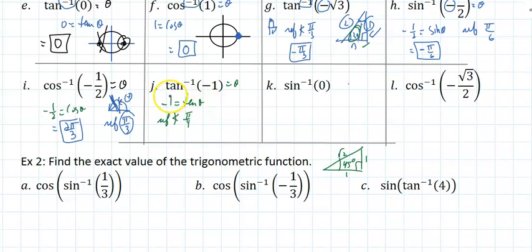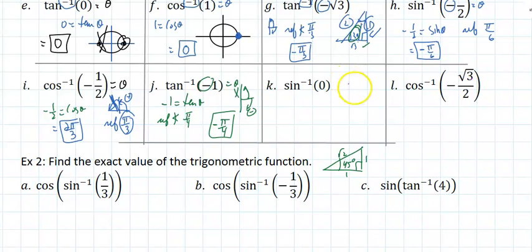And since I'm looking at a negative value, positive in quadrant 1, or since it's negative and you are in quadrant 4, negative pi over 4. Temptation to say 7 pi over 4, you can't. You can't exceed pi over 2.